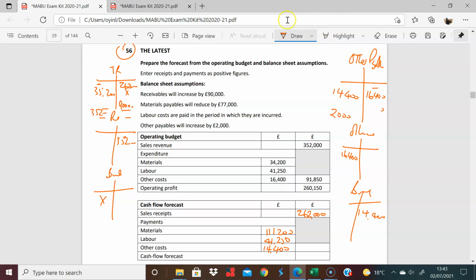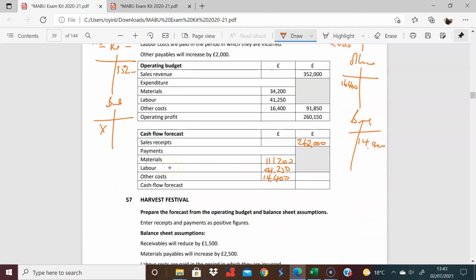14,400. So let's look at this then as to what's going on. So what you have here is sales receipts of 262,000 coming in, and then you have all of this going out, of 111,200 plus 41,250 plus 14,400, which is 166,850.